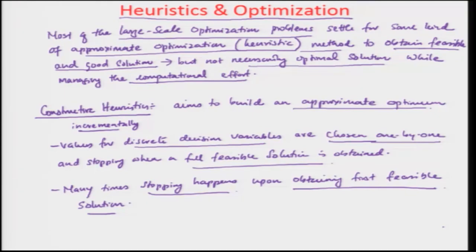There are many names and terminologies used in this scenario, but the idea is that you choose the values of discrete decision variables one by one and stop as soon as you get a full feasible solution. All right. So, this approach is how you use heuristics for optimization. We will see a simple algorithm and probably an example soon. Thank you.